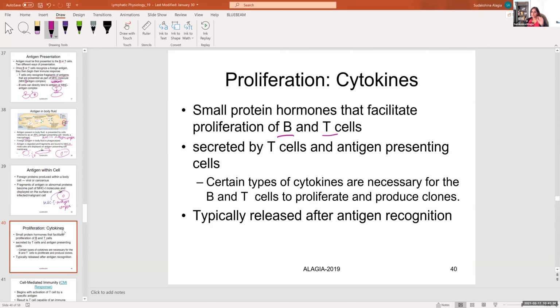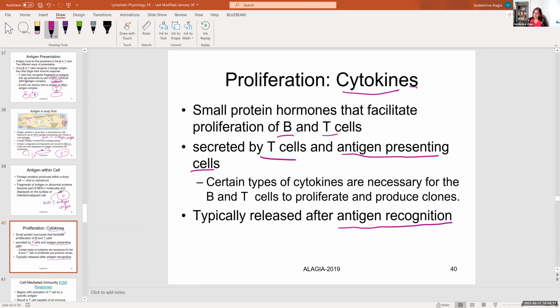a small chemical, like a hormone, known as a cytokine. There are a number of cytokines present, and this cytokine will come at a specific time of this process so that the cells can be cloned. The cytokine is secreted by some T cells and antigen presenting cells, and you will see what that means. Right now, like I said, I'm covering just the basics.